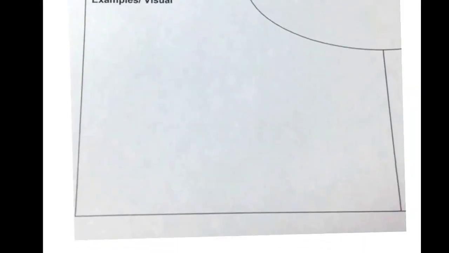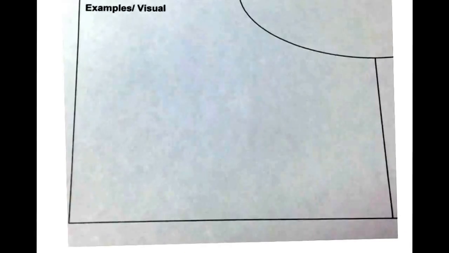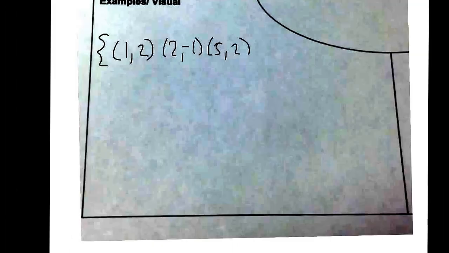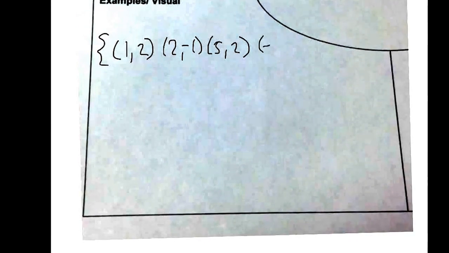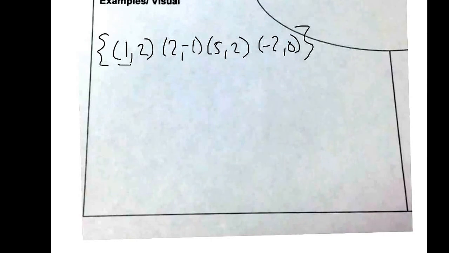Okay, now we're going to look. These ordered pairs make a function: (1, 2), (2, -1), (5, 2), and (-2, 0). If we look at all of the x's, 1, 2, 5, -2, they never repeat with another y, so this is a function.